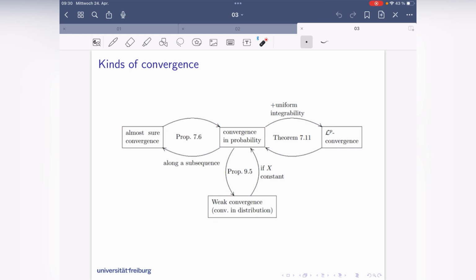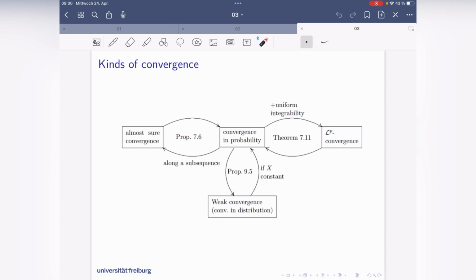These 4 kinds of convergence, you cannot really say which is the strongest, but for example, you can say almost sure convergence is stronger than convergence in probability, because you have the arrow here, which means from almost sure convergence follows convergence in probability, and the back direction only along a subsequence, for example.